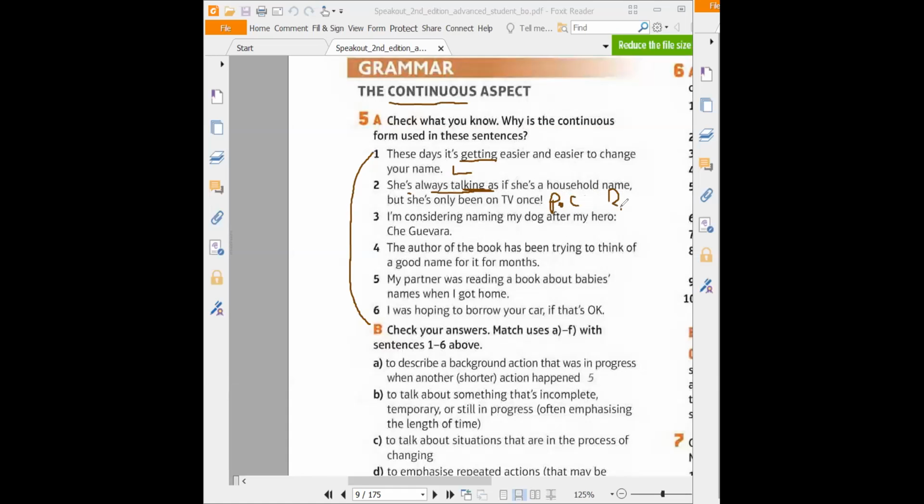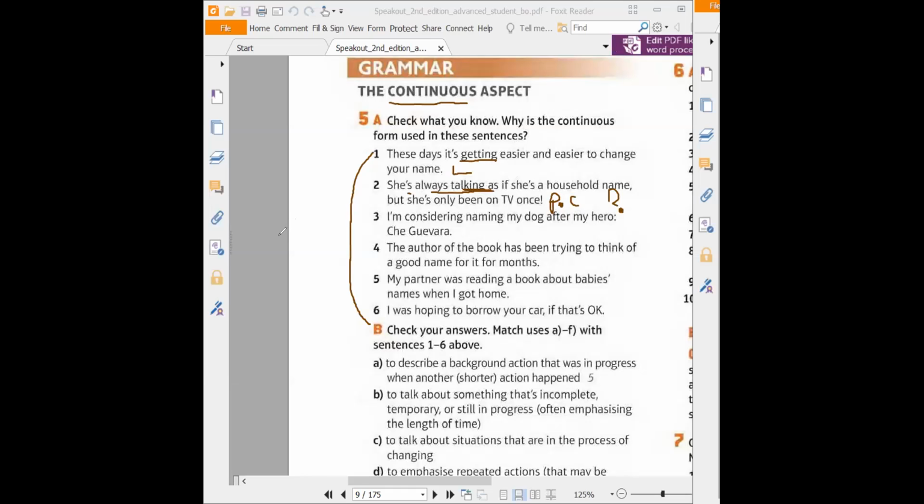Because I think the action is repeated so many times. Well, yeah, she repeated the action many times. I don't know if you took this in school, but I will repeat it for you. We use the present continuous when we are feeling a little bit annoyed about something. For example, my students are always talking in my sessions.